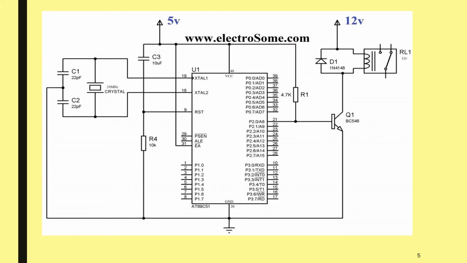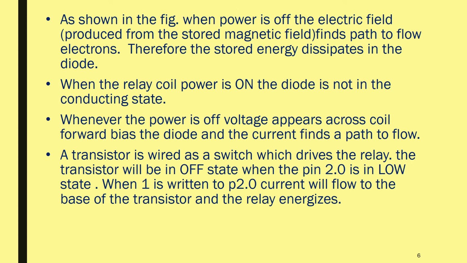Now, in the working of this circuit, as shown in the figure, when power is off, the electric field produced from the stored magnetic field finds a path to flow electrons. Therefore, the stored energy dissipates in the diode. Secondly, when the relay coil power is on, the diode is not in the conducting state. You can see the polarity of the diode in the diagram and understand this accordingly.